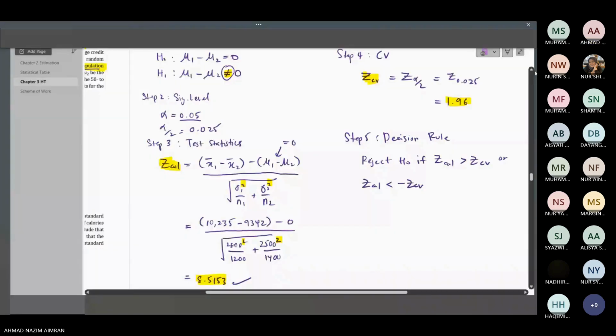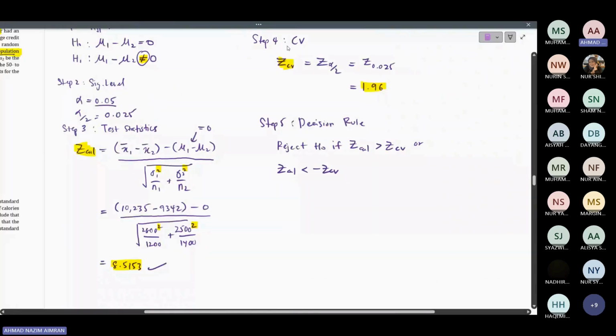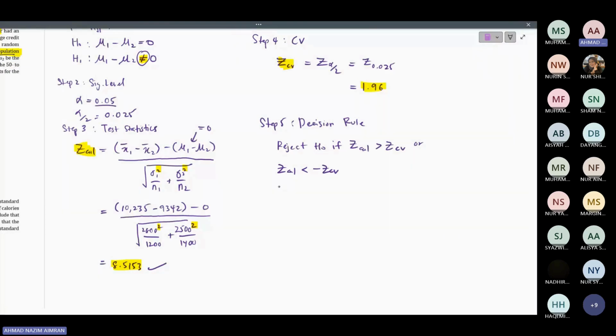All right, so compare the two values. Since Z calculated is equal to 8.5153 and Z critical value is equal to 1.96, it is greater than.